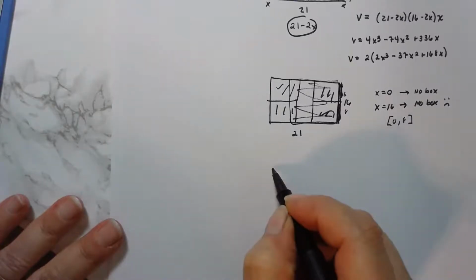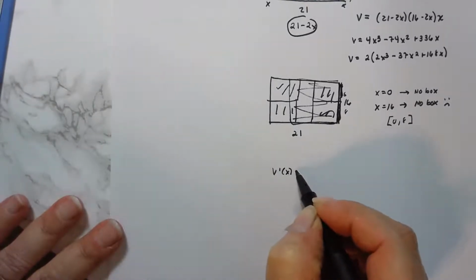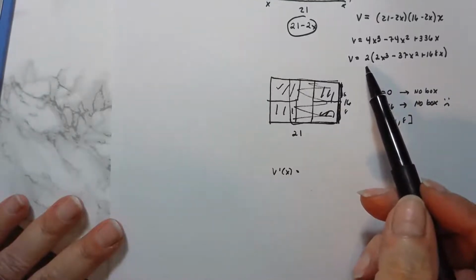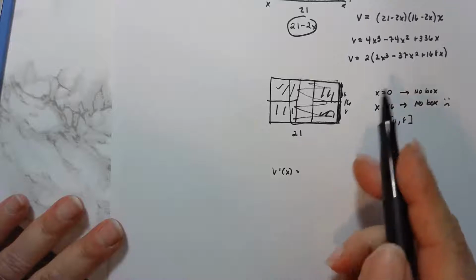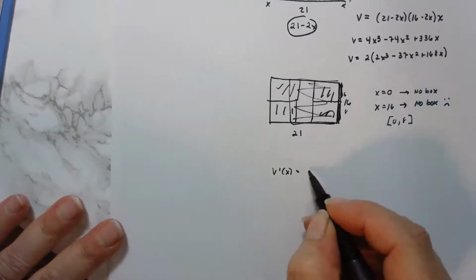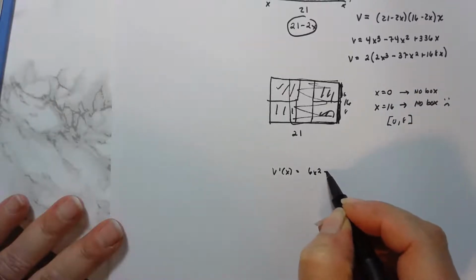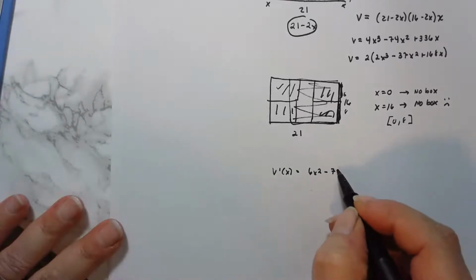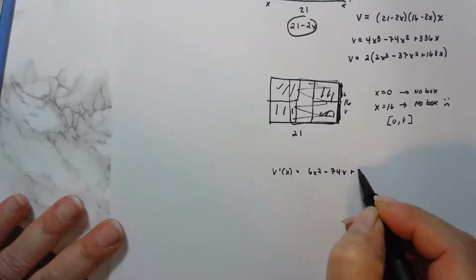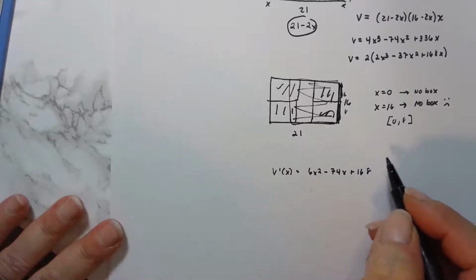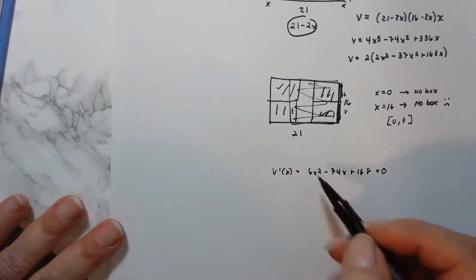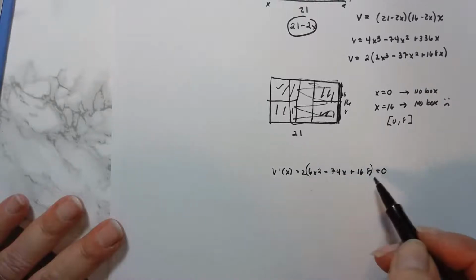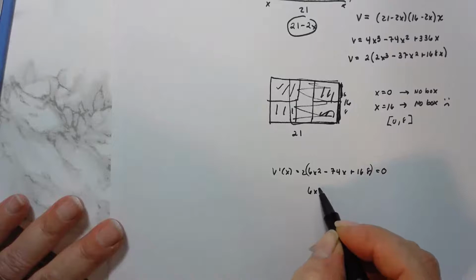So let's take the derivative, V prime of x. Well, this is a constant multiple, right? So that's going to go away. So if I take the derivative of what's inside here, I'm going to have 6x squared minus 74x plus 168, right? So again, there's a 2 here. If I divide both sides by 2, this is what I'm left with.